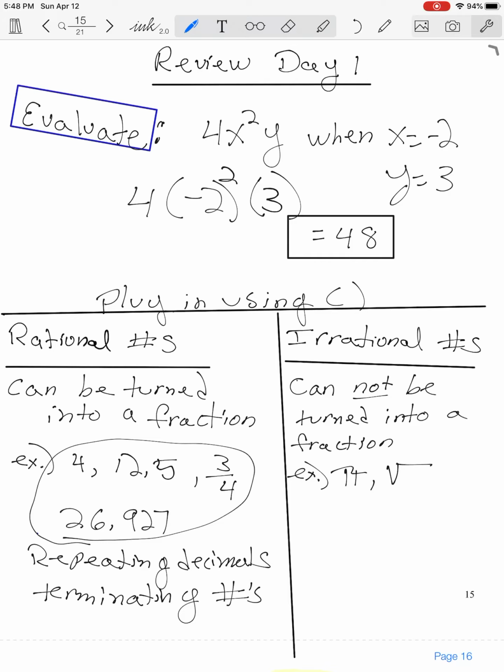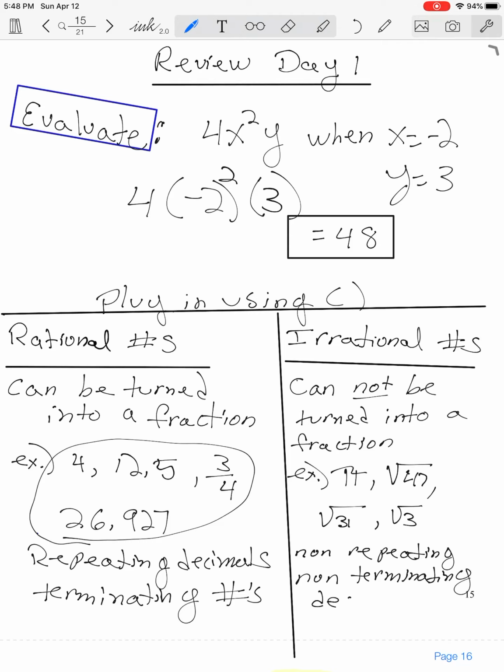Also, square roots that are non-perfect squares. The square root of 47. The square root of 31. The square root of 3. If you put those in the calculator, they cannot be turned into a fraction. They are non-repeating, non-terminating decimals.